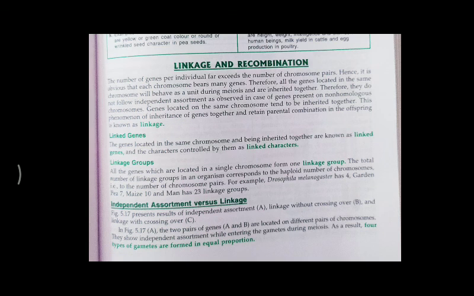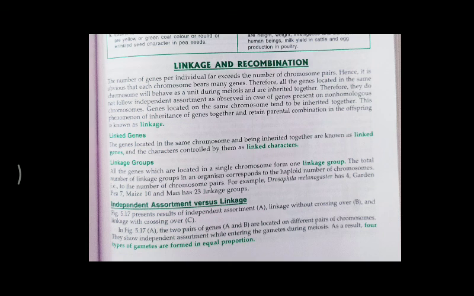Later on, it is given about independent assortment versus linkage. What is the difference between these two? In linkage, two different genes are found on the same chromosome, and if there is no crossing over, that is linkage is 100%, then only two types of gametes are produced.